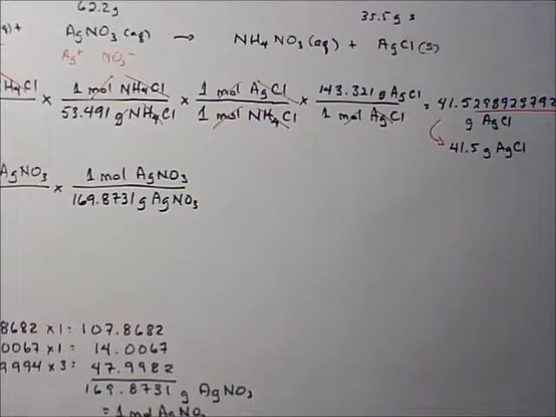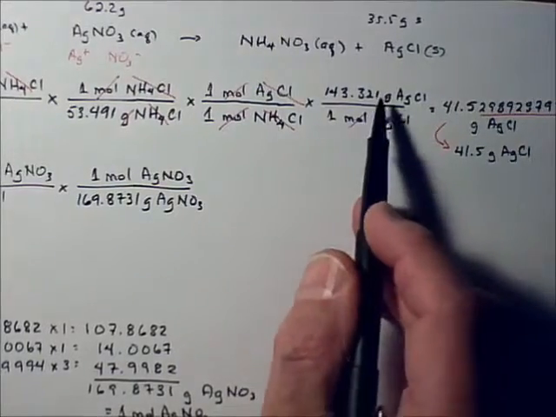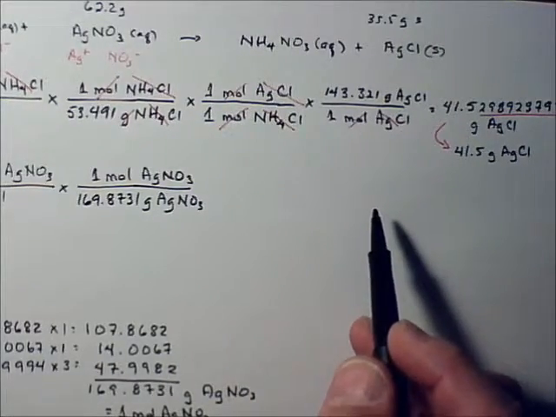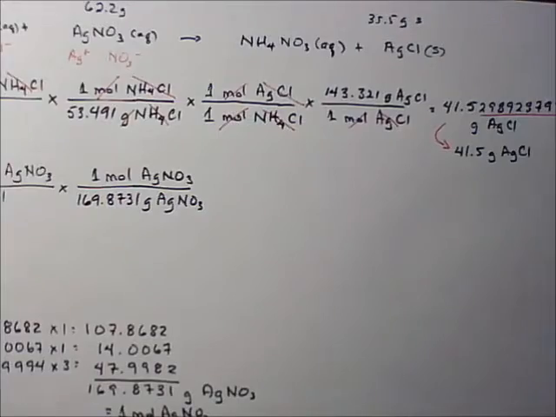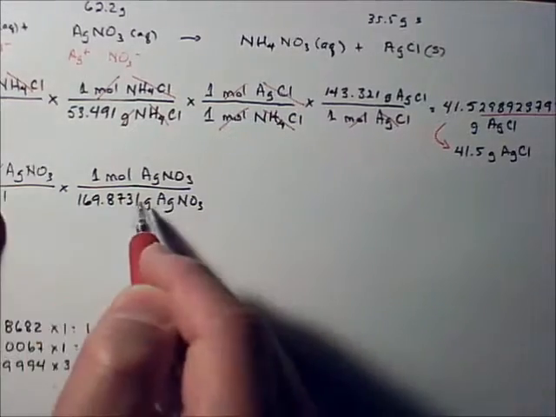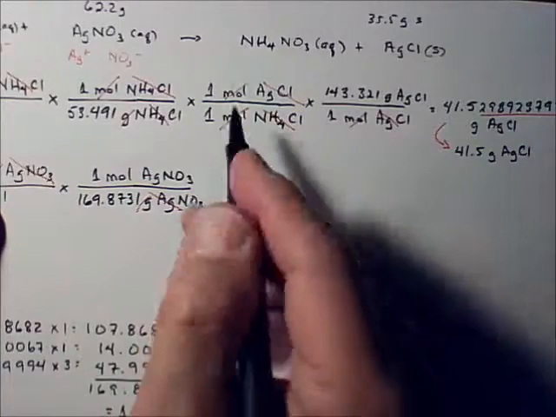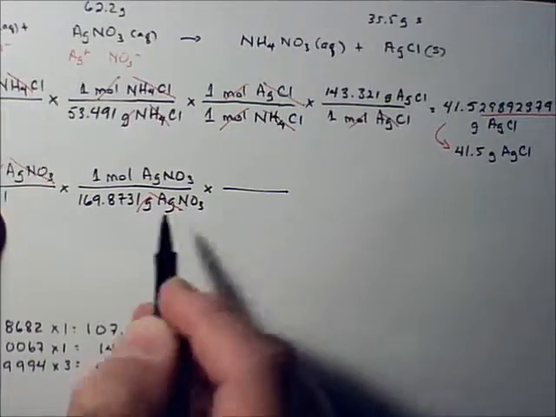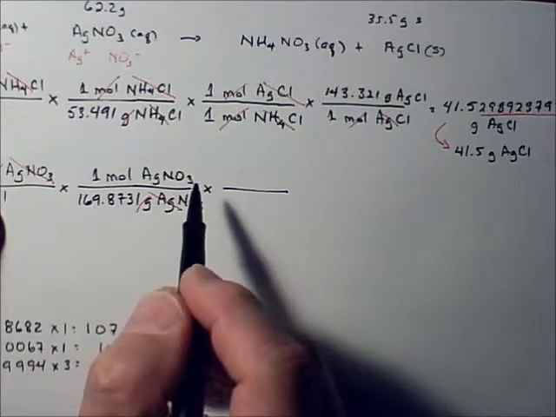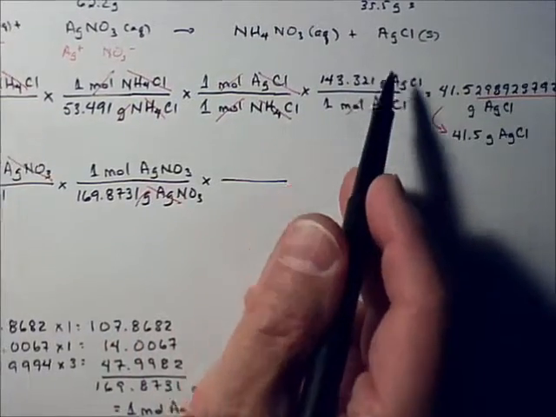So it's like the fourth one will be the same as the first one, like the fourth little... This part right here? Yeah. Okay. So we're going to cancel grams and silver nitrate. Now we need a molar ratio that goes from silver nitrate to the thing we're looking for, silver chloride.